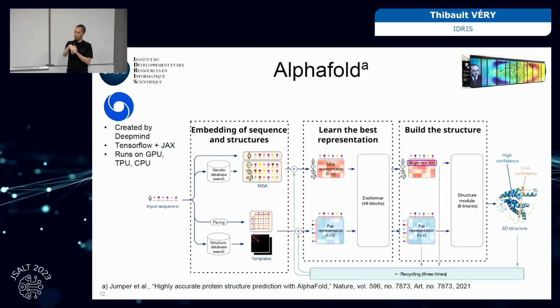For those proteins that are not known, we compare with the structure found with the numerical method. One thing you are sure of is that at the beginning, the proteins are not in the Protein Data Bank that is used for the learning.